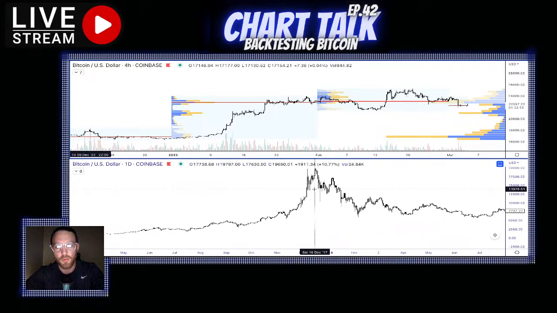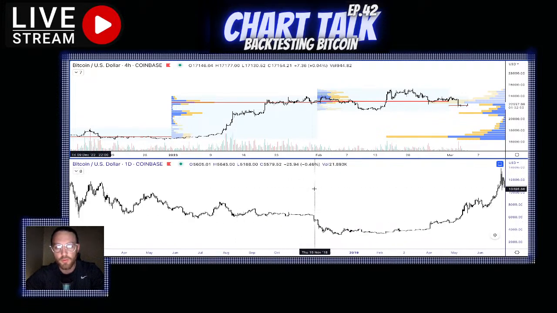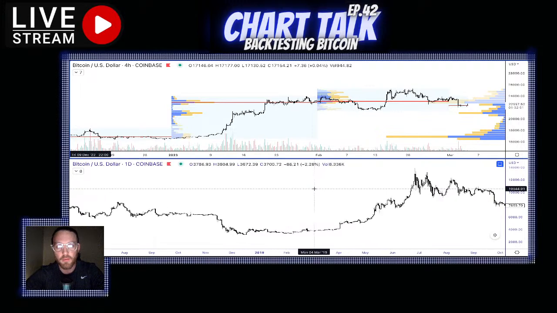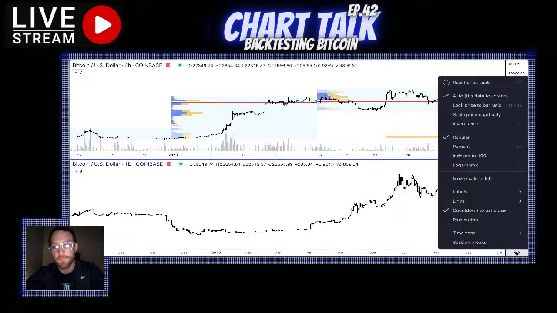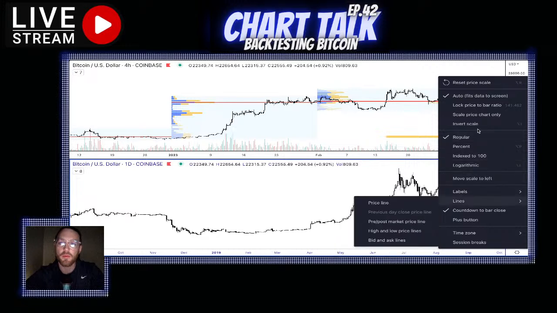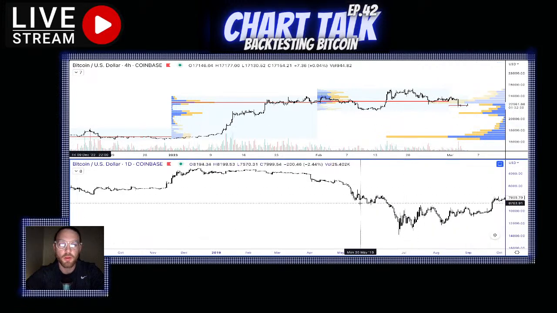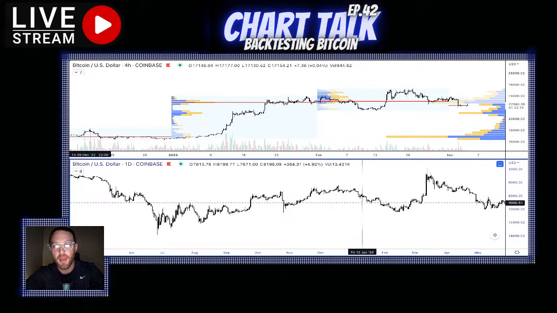A lot of times what you can do as well is look at an inverse of this. So let's look at that. We'll go here and we will invert the scale. So now we're looking at it upside down.